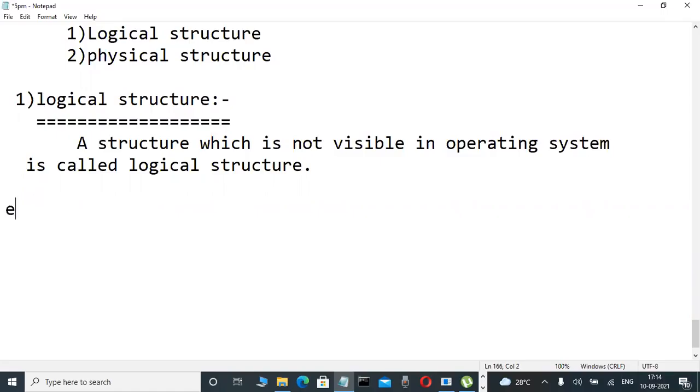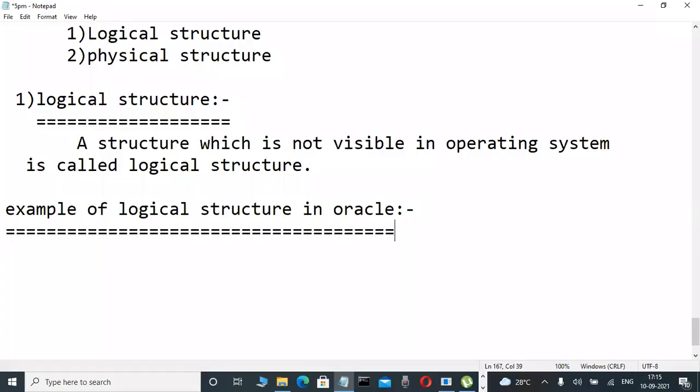Up to now we have not started our course; I'm just telling small things. In future you will learn Oracle DBMS software. Examples of logical structure in an Oracle database: tables, which we are learning, are not visible.